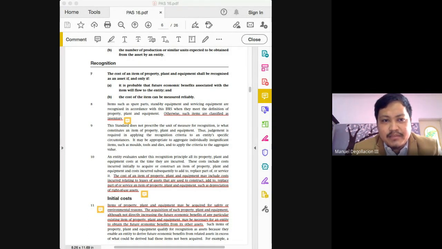So, very simple distinction. Period cost: automatic, it will become an expense in the period in which they are incurred. Capitalizable cost: initially not yet an expense. They will form part of the cost of an asset, but ultimately they will eventually become an expense, normally through depreciation expenses.